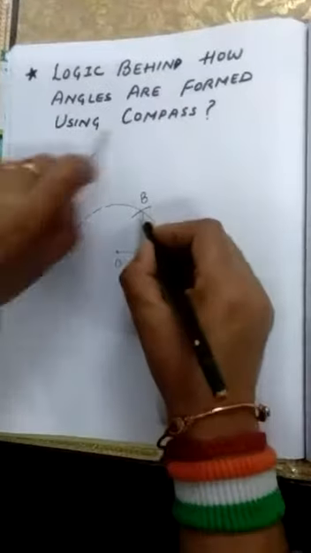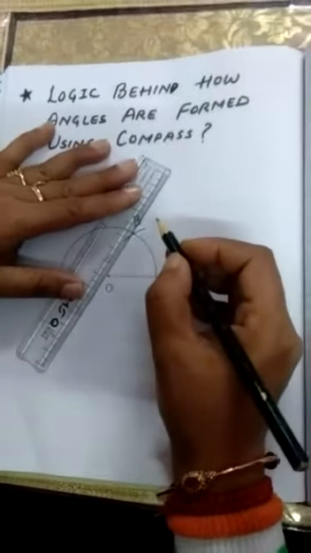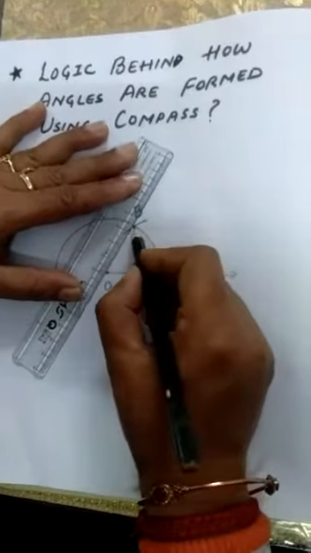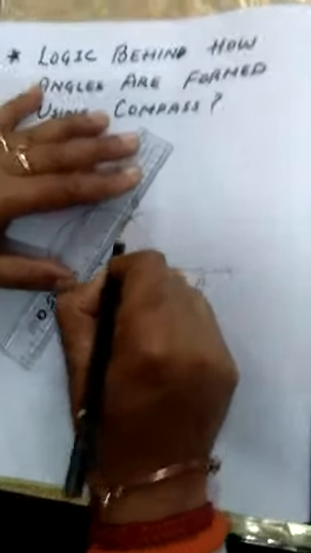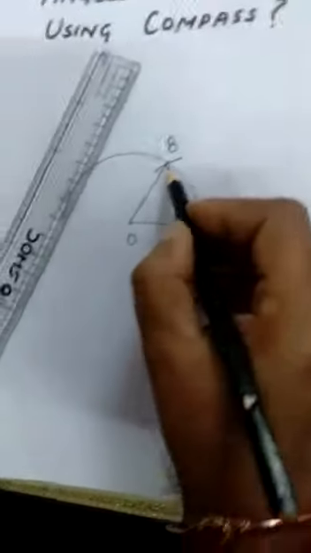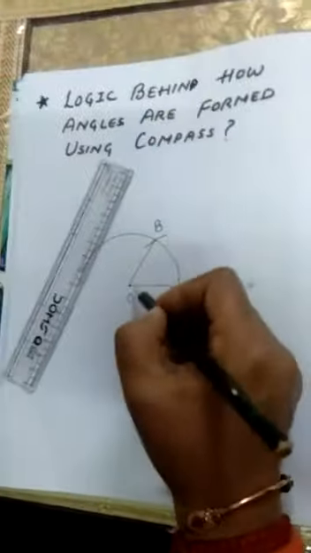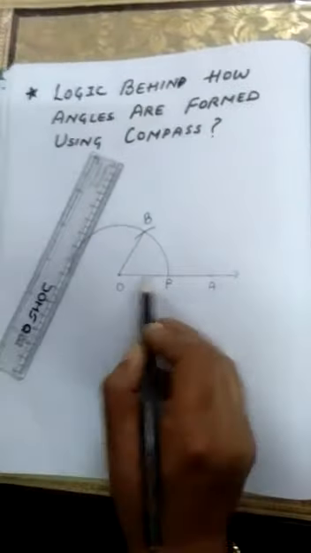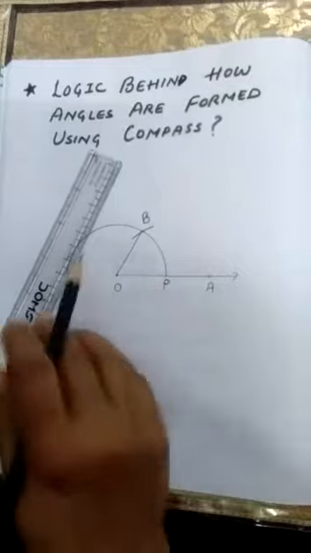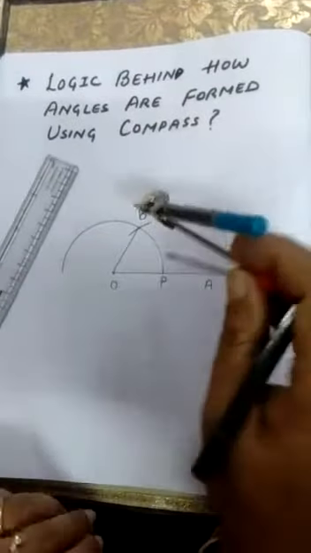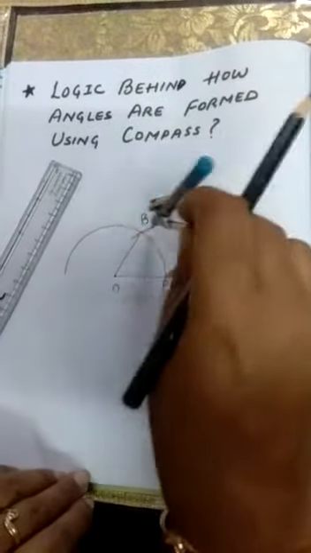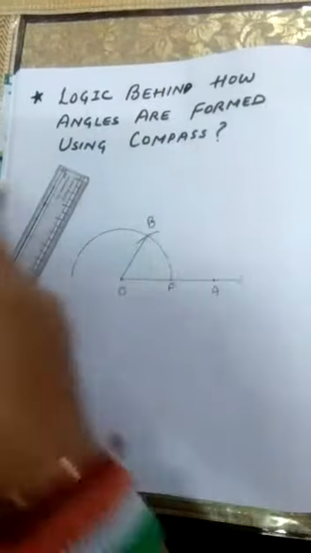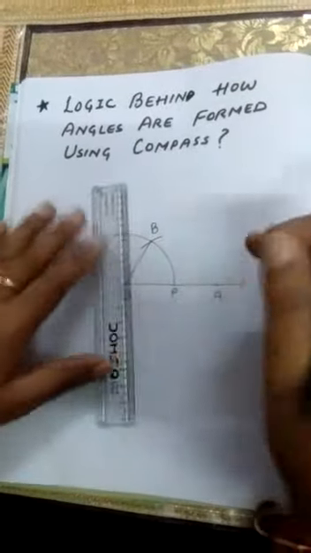Now I will join these two points, O and B. As you all know, OB is the radius of this semicircle. OP is also the radius, and as we have taken this arc without disturbing the compass, PB is equal to the radius of the semicircle.